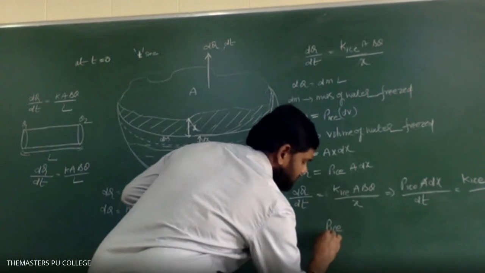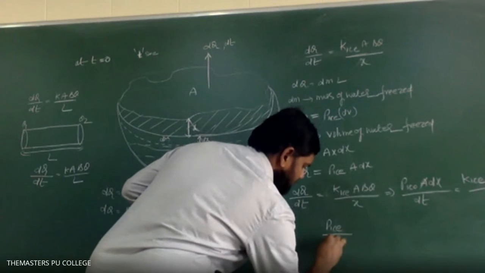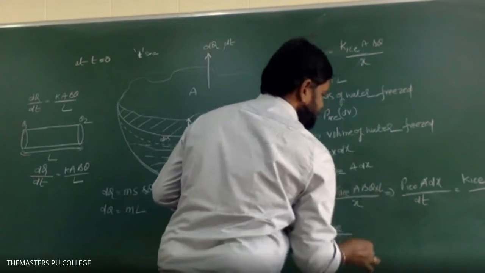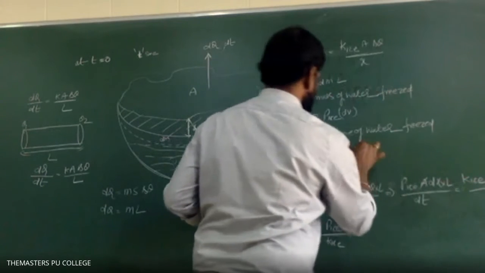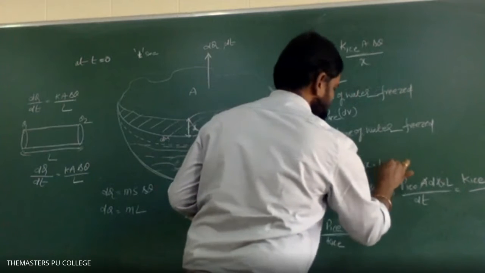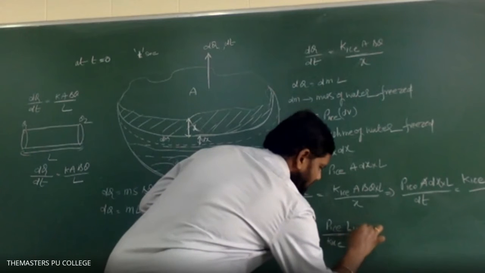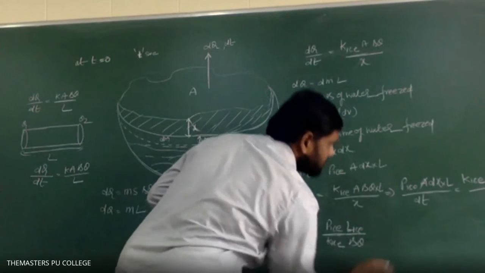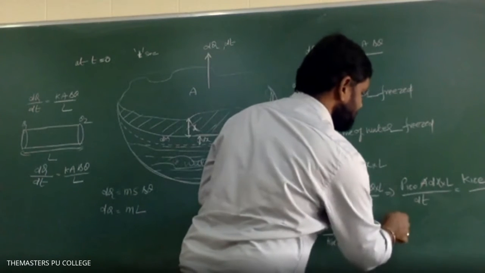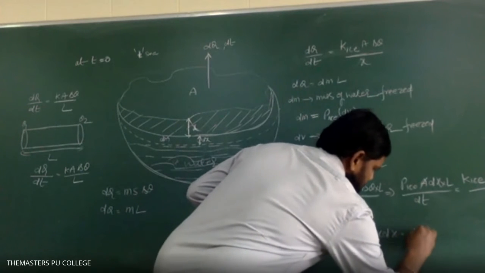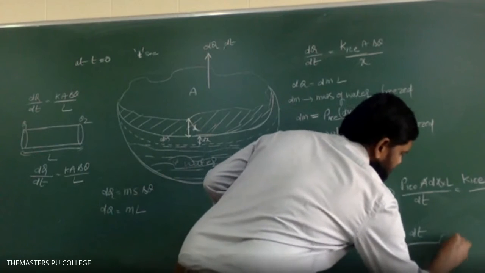Density of ice divided by K of ice, into L, the latent heat of ice, into delta theta, x dx equals dt. This is the equation I got.